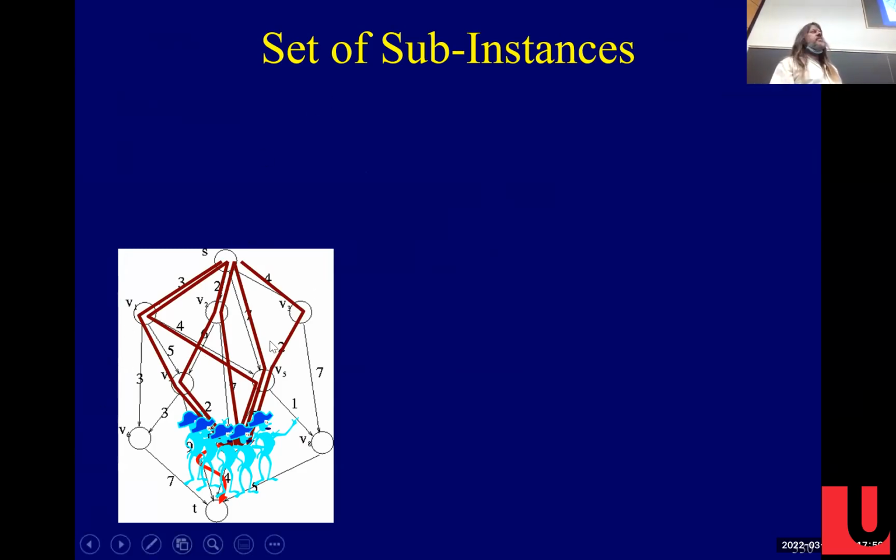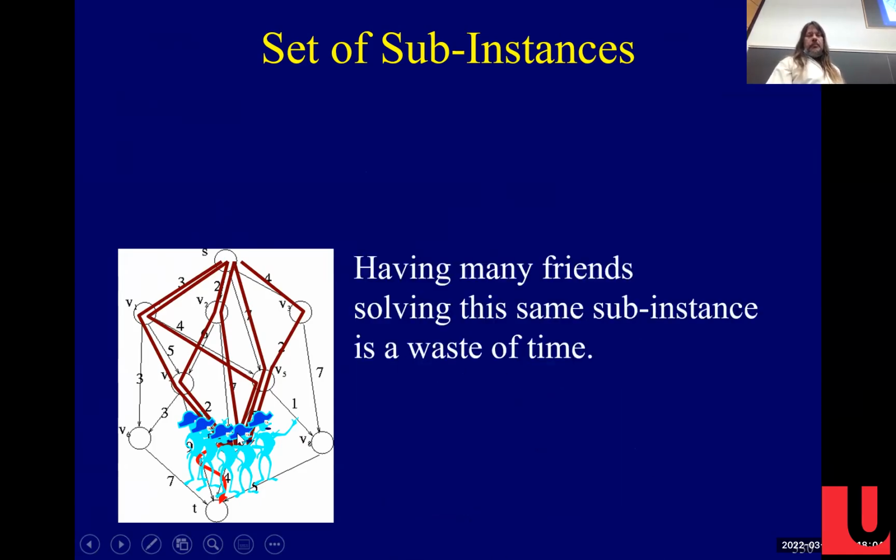So now what's the set of sub-instances? We have many friends that are asking the same question: what is the shortest path from here to here?